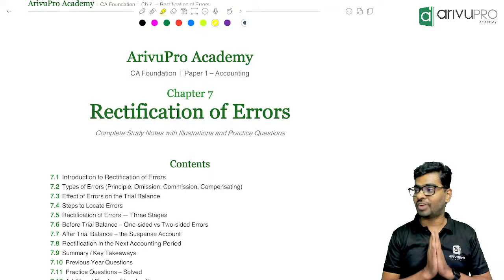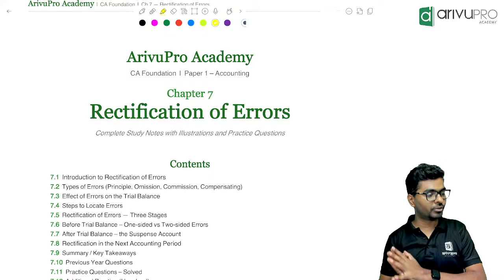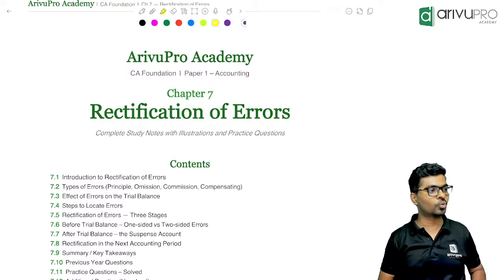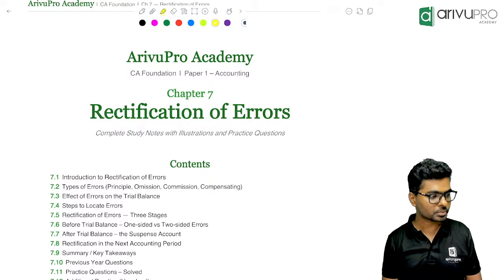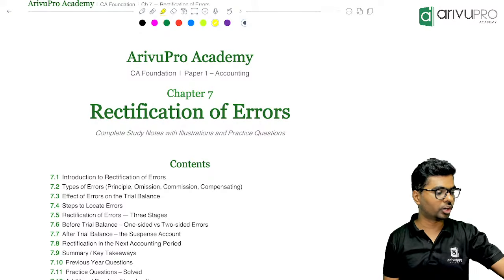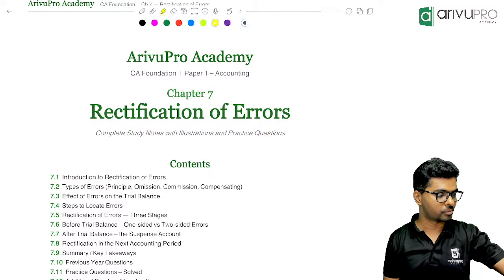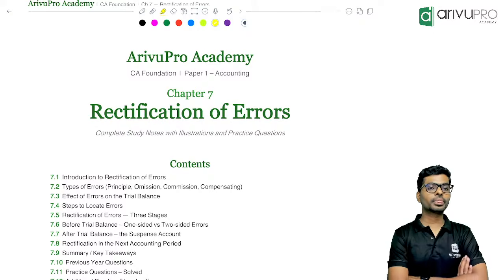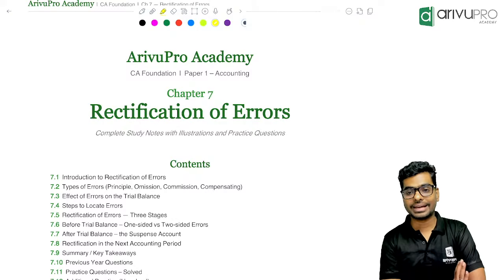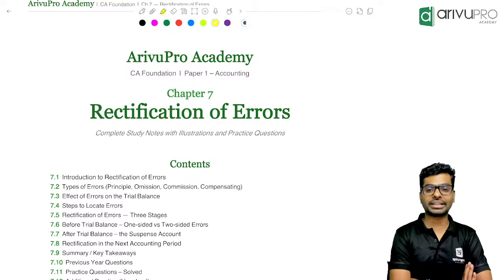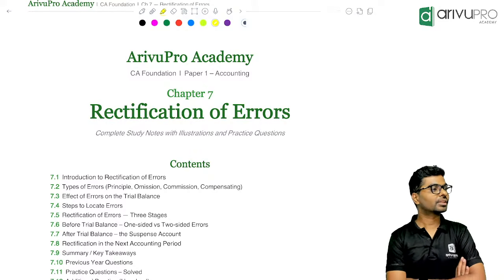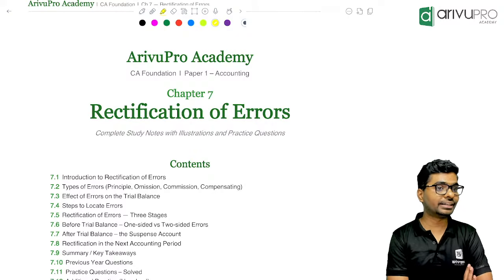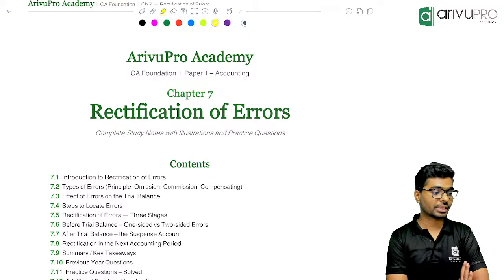So the first thing we need to understand before we go into rectification of errors is what you mean by an error and what you mean by a fraud. Errors are unintentional, whereas frauds are intentional.